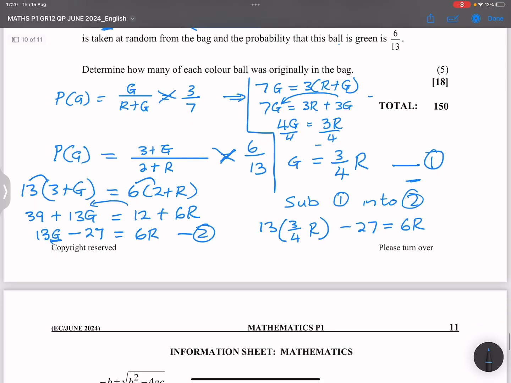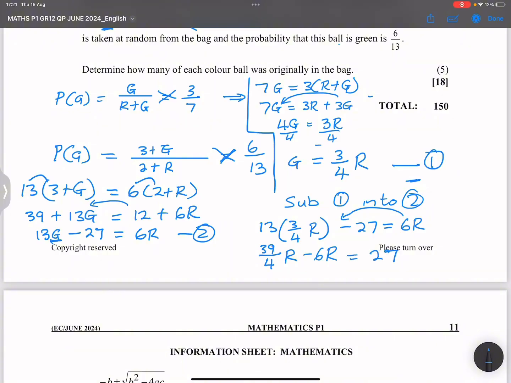All right, and we can just work it out. 13 times 3 over 4 would be 39 over 4r. If I take that to the other side, minus 6r, and this would be equal to 27.